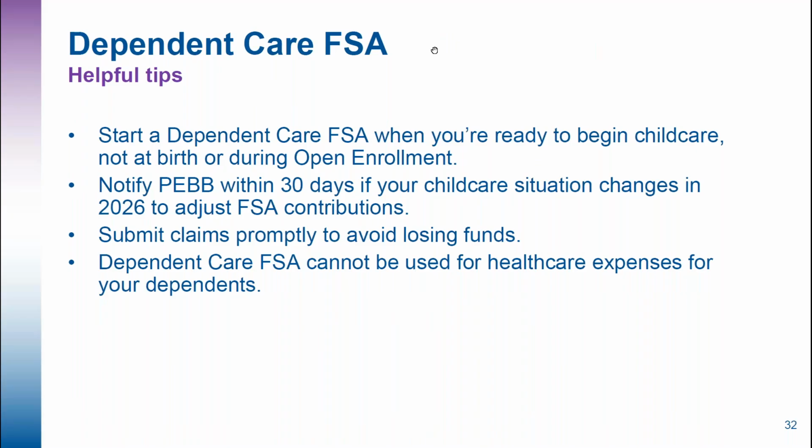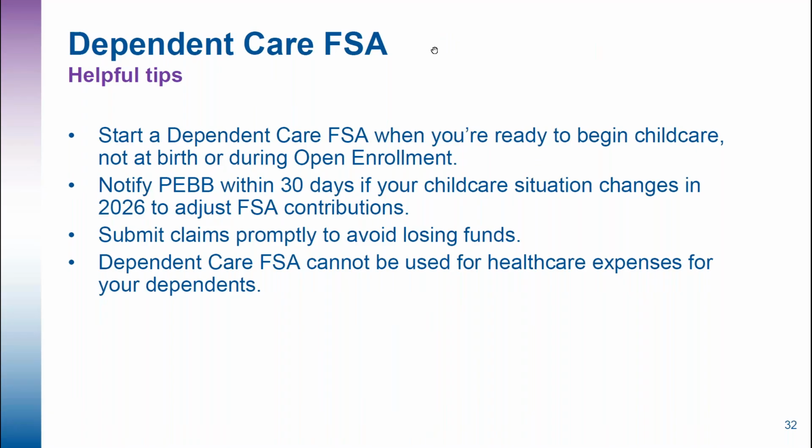Helpful tips. Start a dependent care FSA when you're ready to begin child care, not at birth or during open enrollment. We added this bullet several years ago because we saw a lot of people go in during open enrollment and say, oh, I'm going to have a baby in February and put them in daycare, so I'm going to sign up for this dependent care FSA during open enrollment, and it's going to start January 1st.